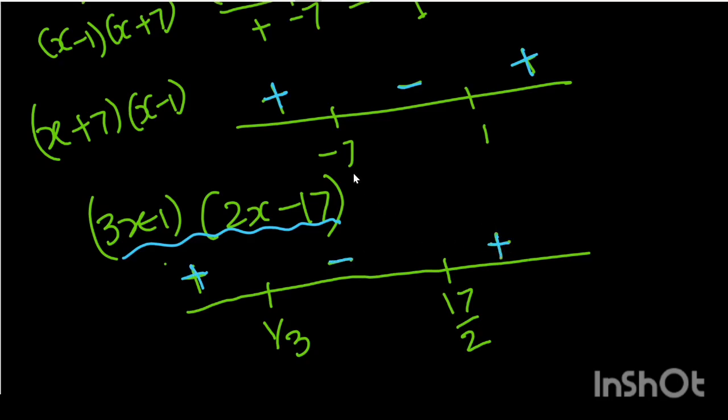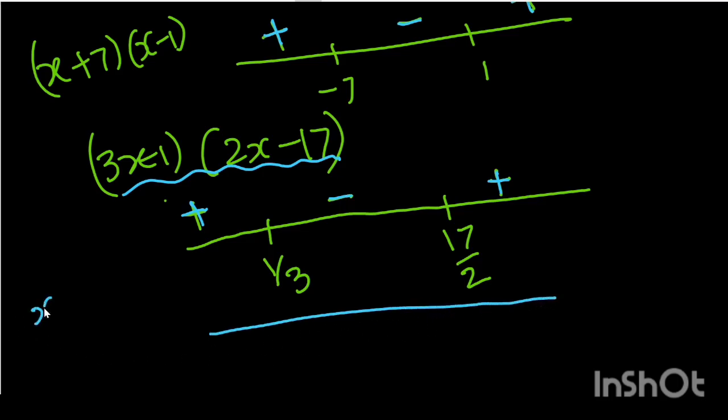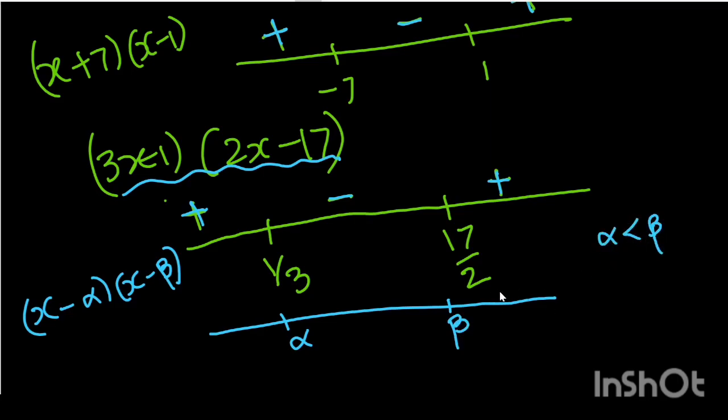So from these two examples we can generalize that if two linear factors are multiplied, like x minus alpha into x minus beta, where alpha is the smaller value, alpha is less than beta, we again have the same sign: plus, in the middle interval it is minus, in the left interval it is plus. Okay, this is method 1 that we derived by taking two examples.